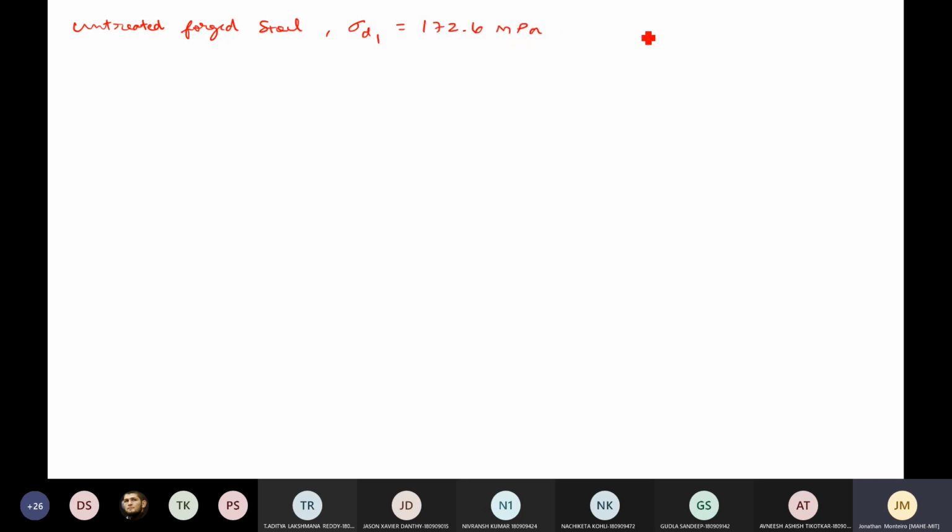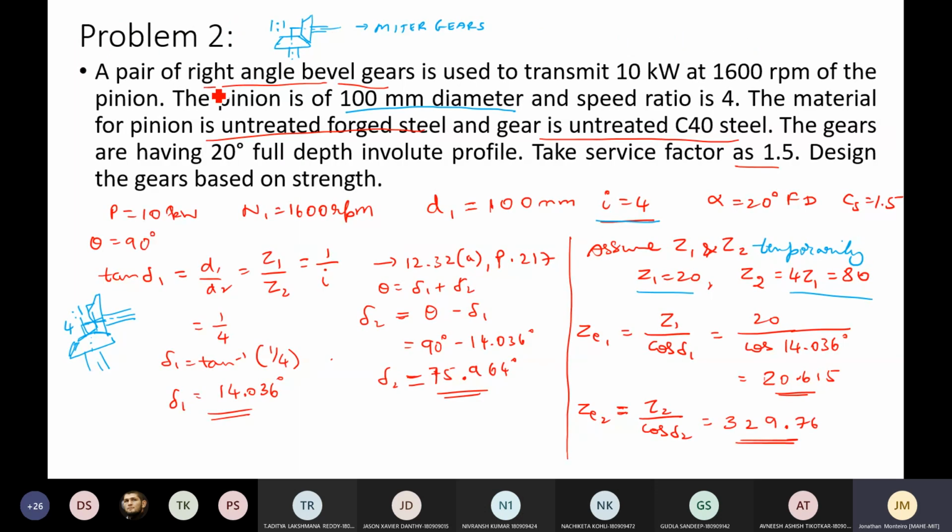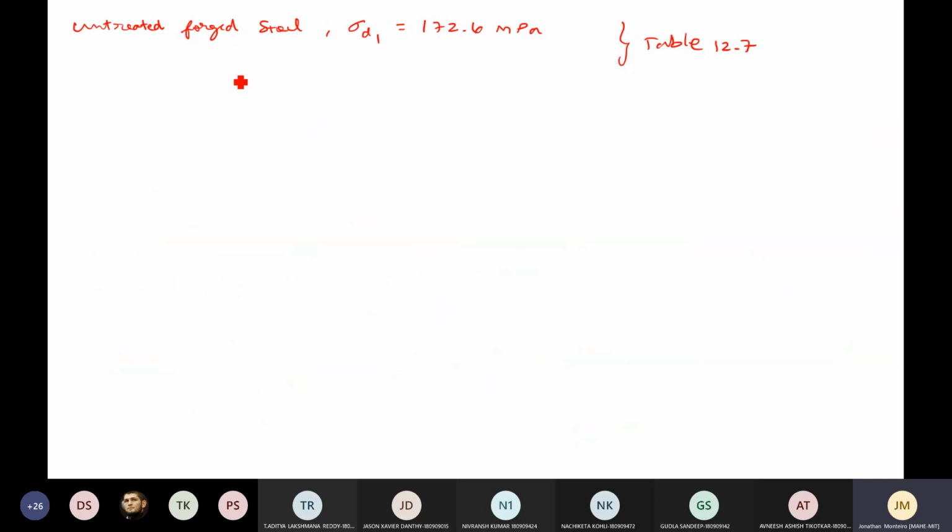These are the values under table 12.7 again. And what about untreated C40 steel?